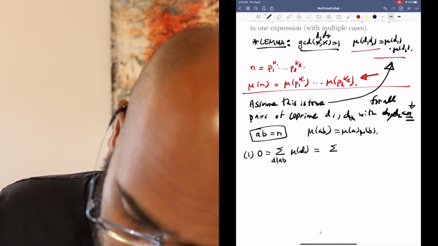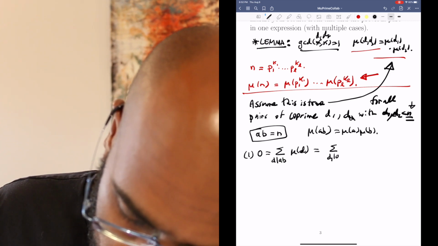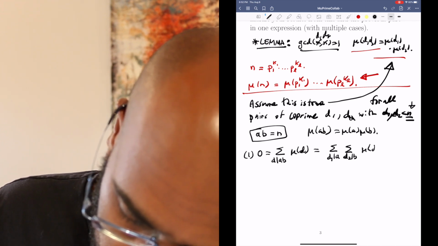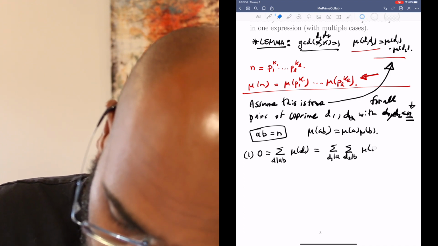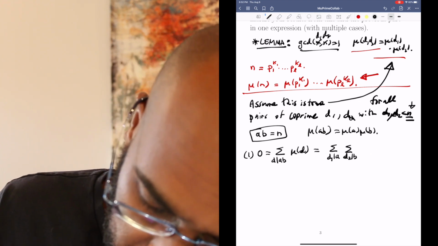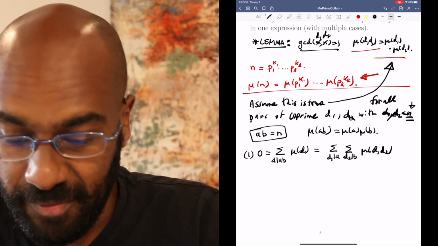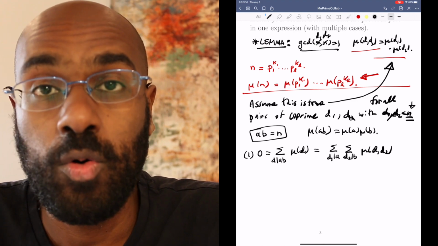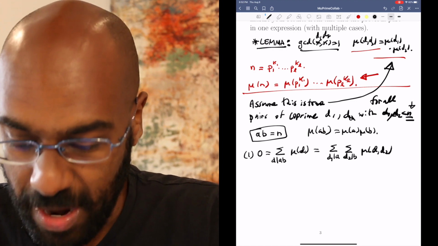And we'll break this up as a sum of two things, d1 dividing A and d2 dividing B of mu of d1 d2. Now, the reason we can do this is because A and B have no common factors, we're assuming. And so the factors of AB are factors of A multiplied by factors of B.